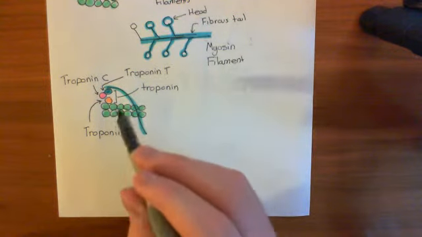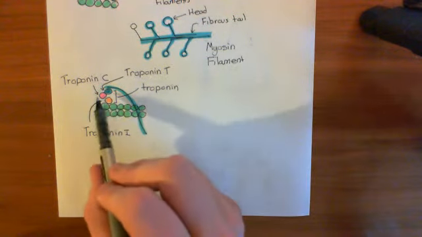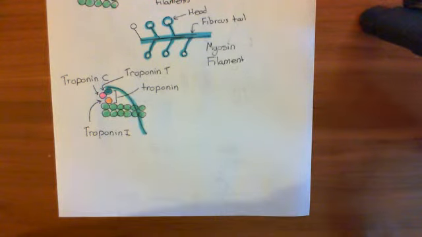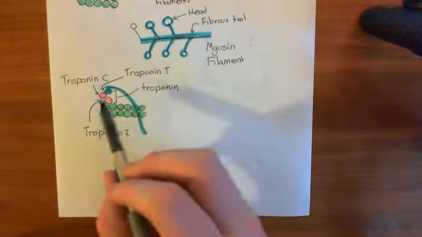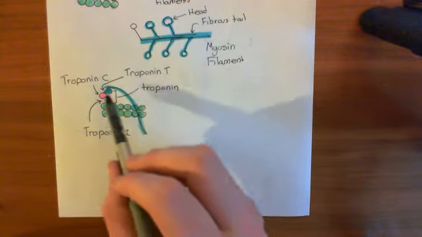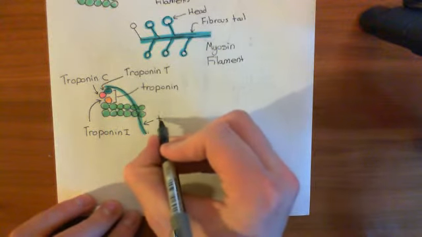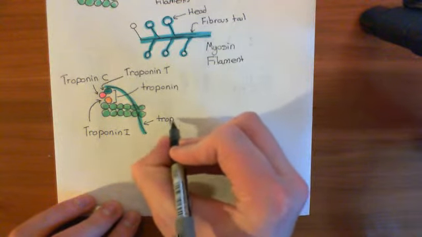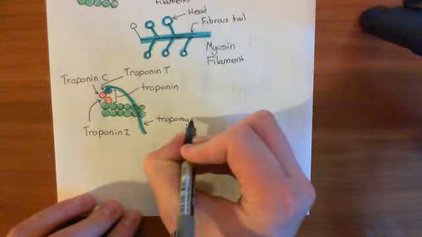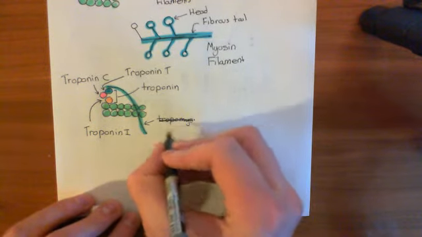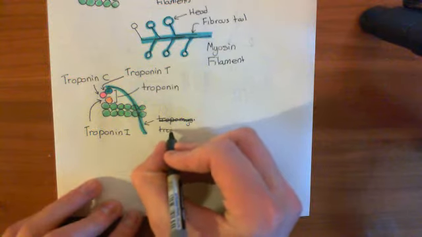However, when calcium goes up in the cell, calcium will bind to troponin C, and troponin C will cause a change in conformation in troponin I, so that now the whole thing moves, and the tropomyosin here in turquoise is moved out of the way, so that it no longer covers up the myosin binding sites on the actin monomers. So this is tropomyosin.